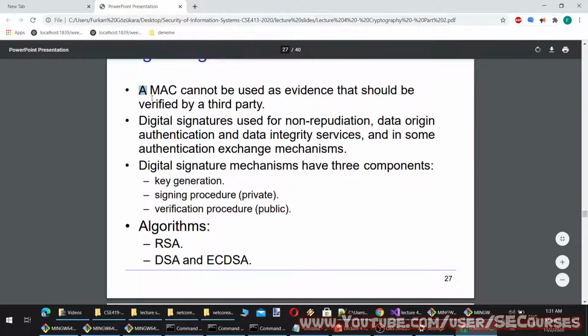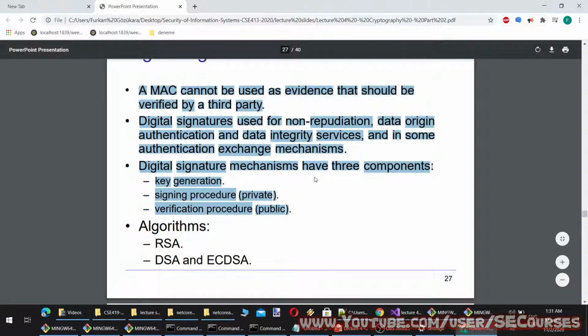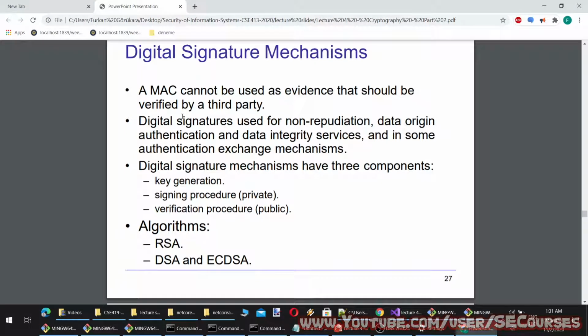Digital signature mechanisms. A MAC cannot be used as evidence that should be verified by a third party. Digital signatures are used for non-repudiation, data origin authentication and data integrity services, and in some authentication exchange mechanisms. Digital signature mechanisms have three components: key generation, signing procedure (private), verification procedure (public). This is different from a MAC because with a MAC you can verify the originator of the message.